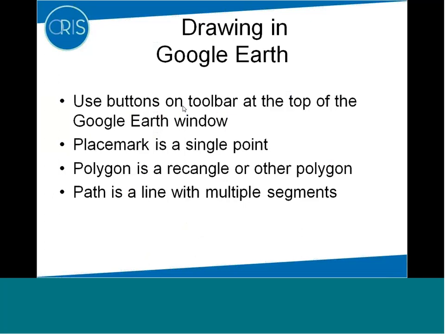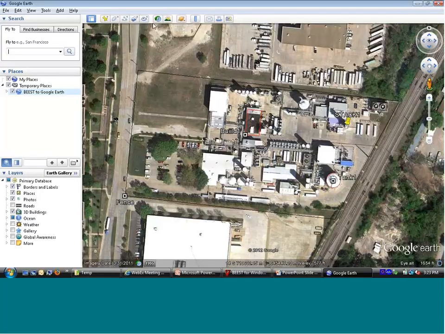And finally, a path is just a line, and you can use that to draw a road. So let me go ahead and show you how to use those options with the data that we have loaded here.